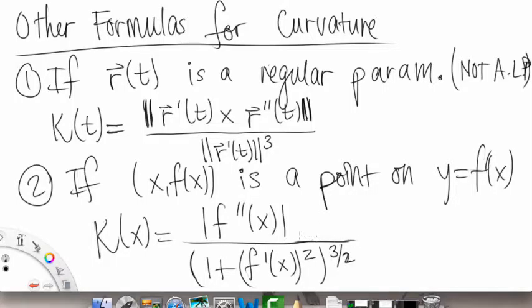So this is a little bit complicated. It's more or less just remembering the formula and then applying it when you have problems like that.